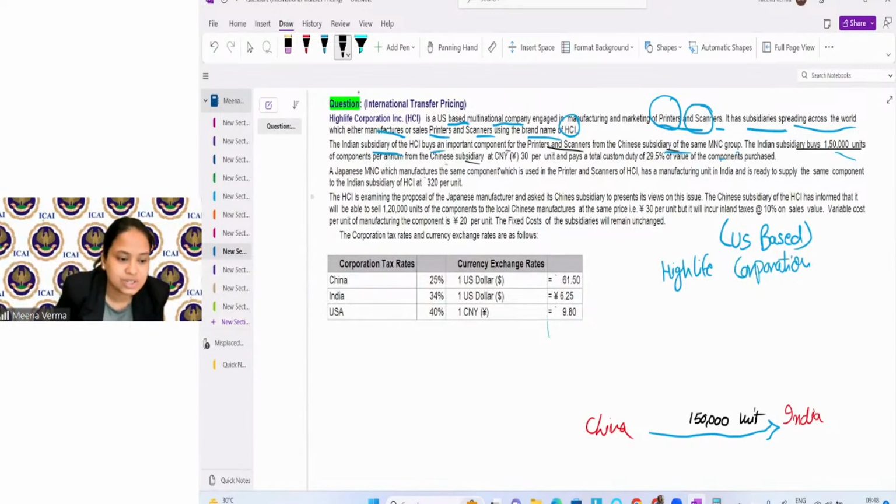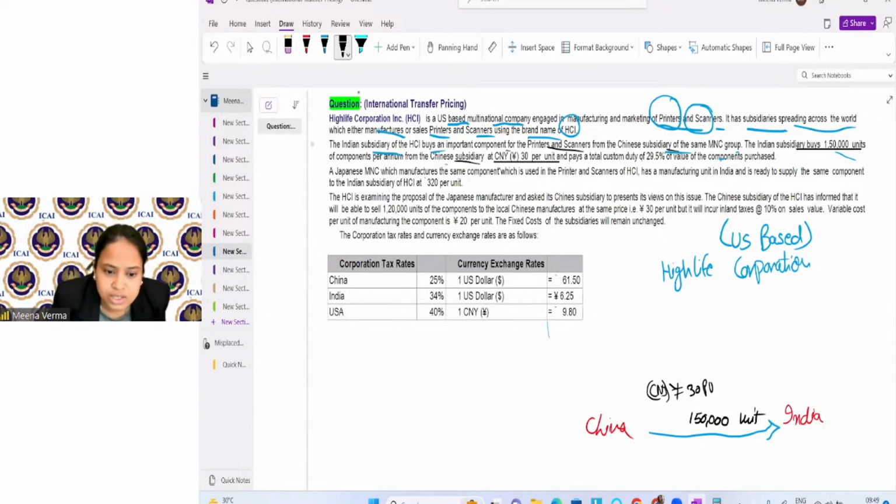What else is mentioned? Chinese subsidiary at 30 per unit Chinese currency. What is the price at which they are buying? 30 Chinese currency per unit. At this price they are buying.